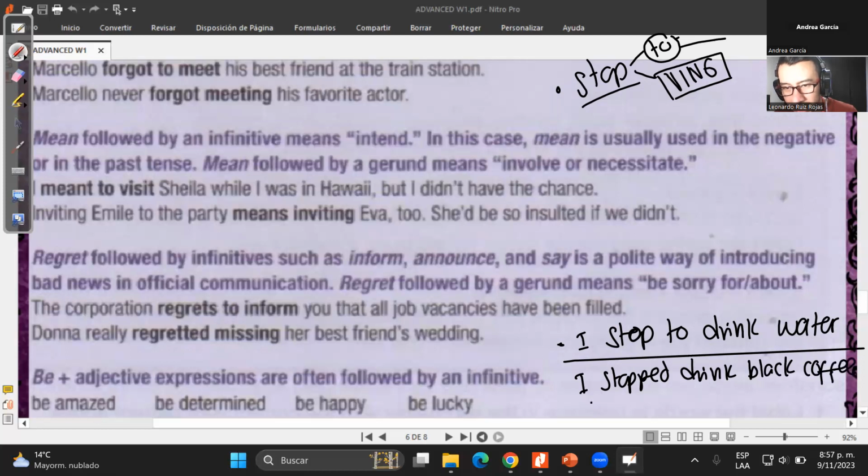It means it was hurting me, so I quit. Ready? So, stop to do something is to stop in order to do something, and stop doing something is to quit doing it, like a habit. Ready?